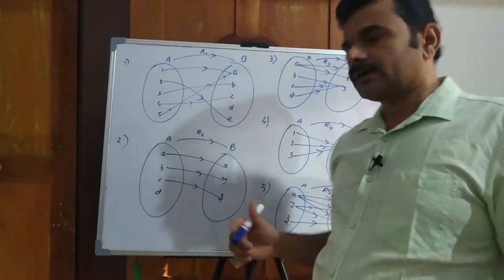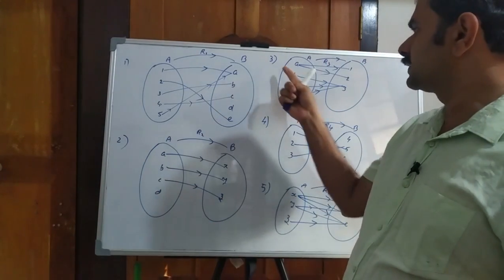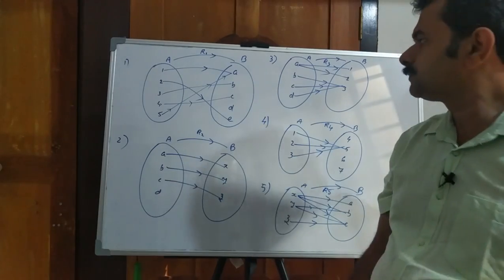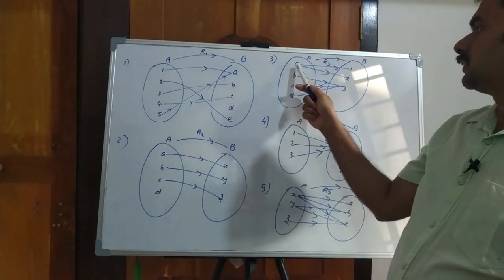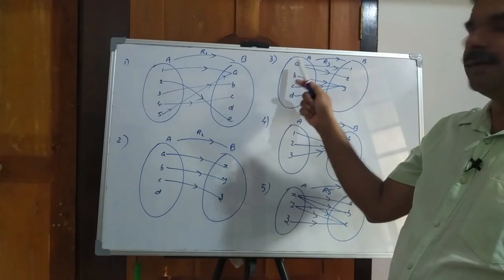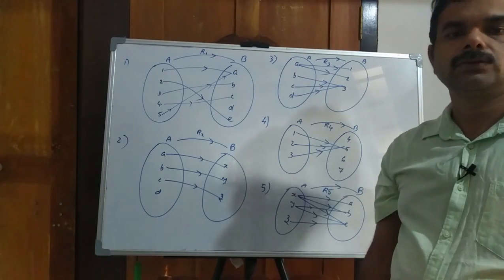Let's take one more example. How many images for this element A? 2 images.